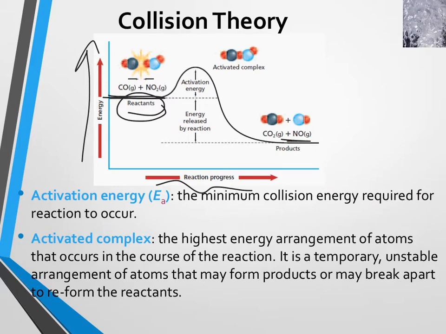Then at the very end, on the far right of the graph, are the products. In this particular graph, it is an exothermic reaction because the energy level of the products is lower than that of the reactants, and so all of this extra energy is released, so it's exothermic.